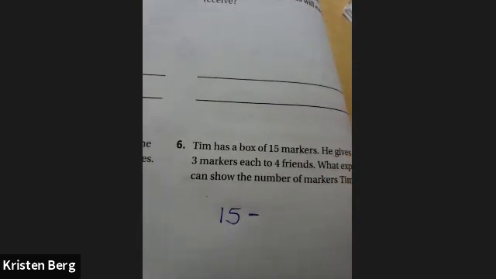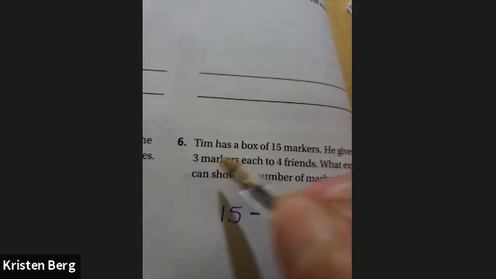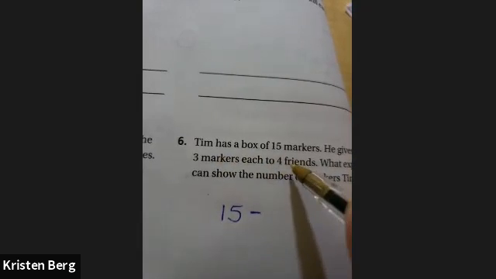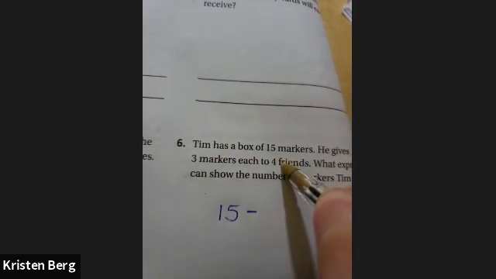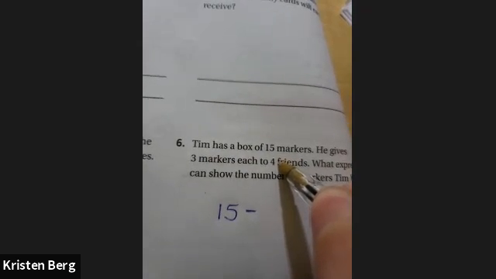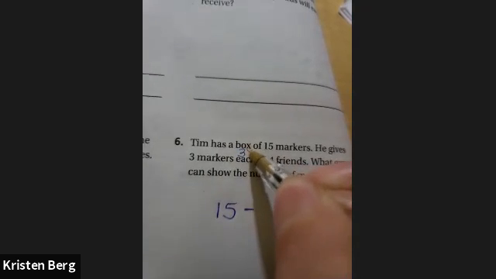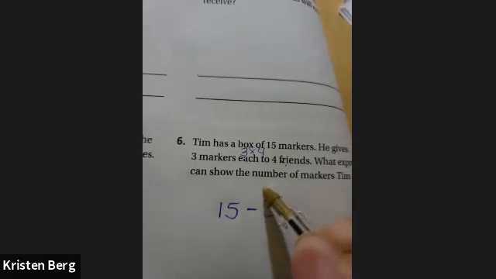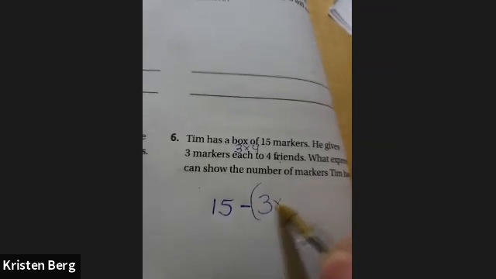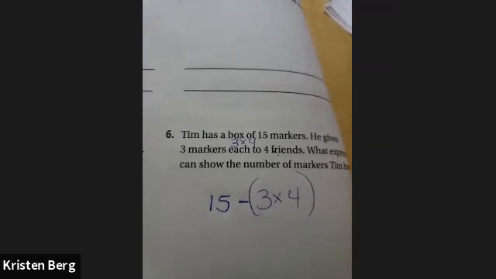So I'm going to put a subtraction sign to do that. But it says he gave 3 markers each to 4 friends. So if he's giving 3 to 4 friends, how many total is that? That is actually 12, because 3 times 4 is 12. So therefore, it just said what expression. So that's all they wanted us to do, is just show this. They did not want to know the answer to that.